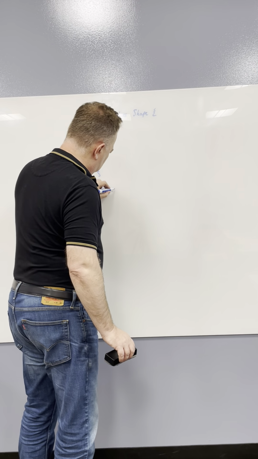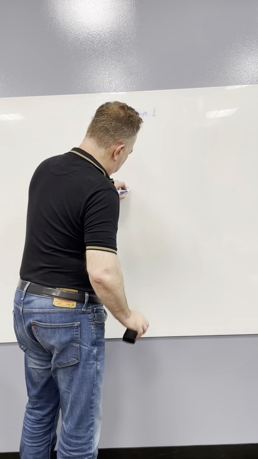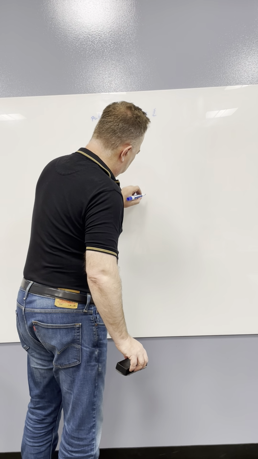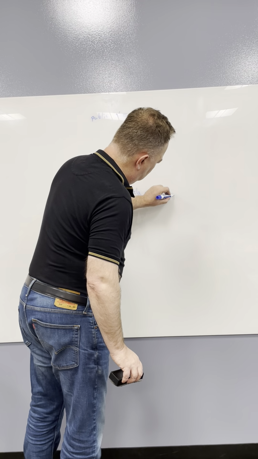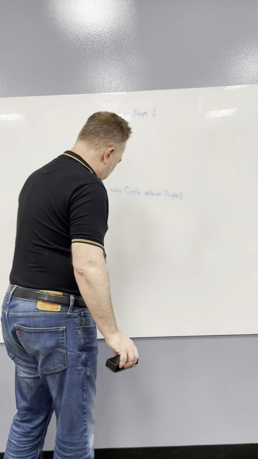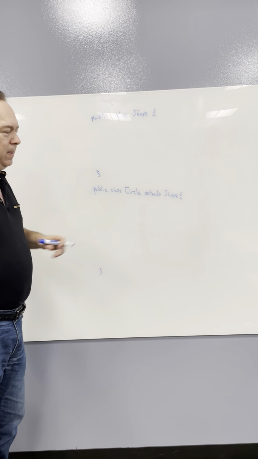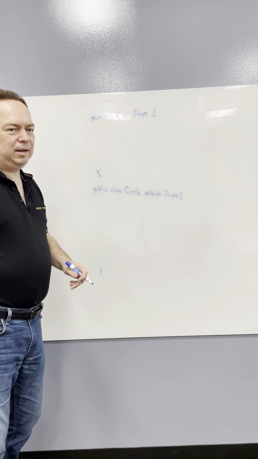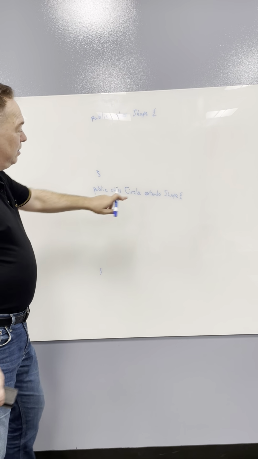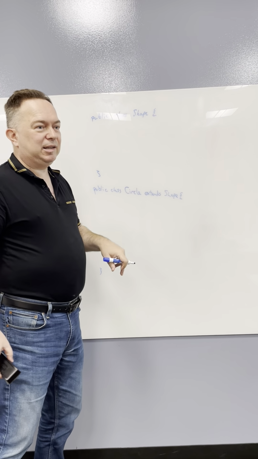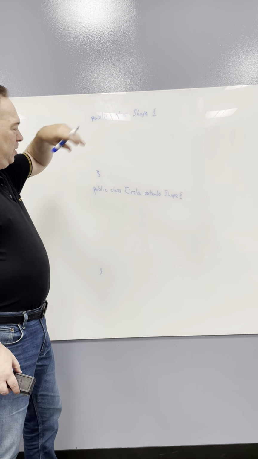Public class Circle. Okay, before we go any farther, look what we did. This is new: extends Shape. This is how you link the parent with the superclass and the subclass. This extends word, and then the name of the class is the parent. So now I've made this relationship between the two.